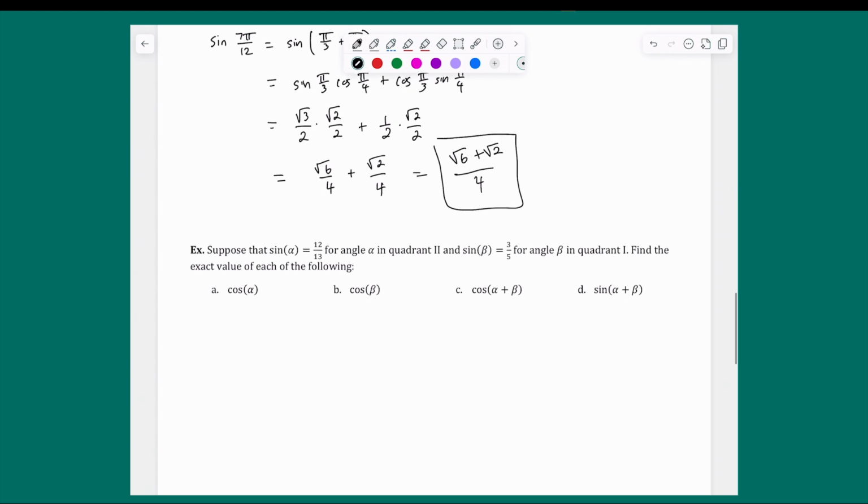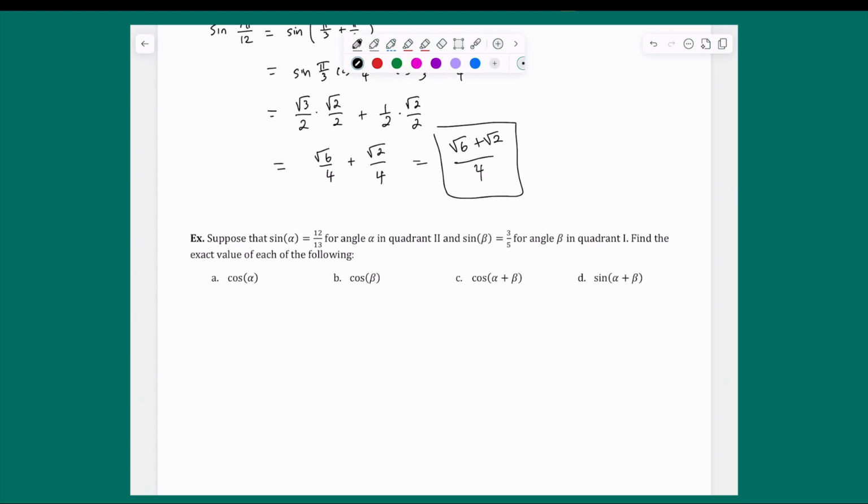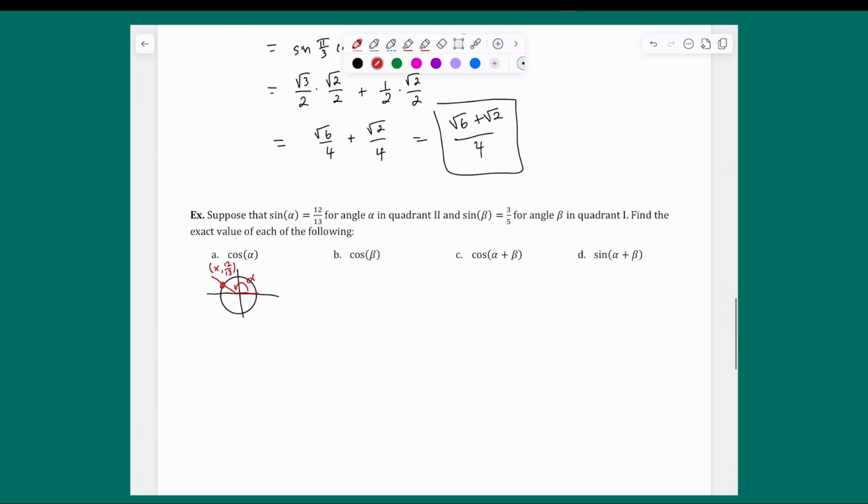So cosine of alpha, we know is an angle in quadrant 2, and so thinking in terms of a unit circle, we could think of the angle in standard position where its terminal side will intersect the unit circle at some coordinate x comma 12 over 13, because sine is the y coordinate where the terminal side of this angle hits the unit circle.